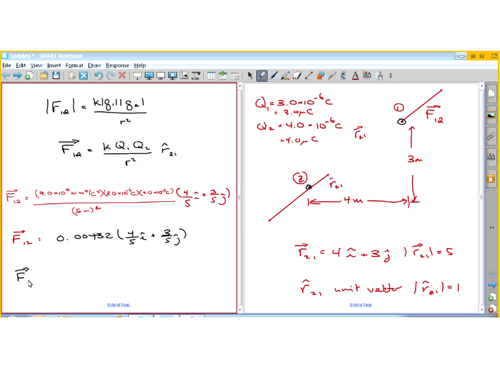So for the final answer here, the force vector, what we'll do is take 0.00432 times 4 divided by 5.